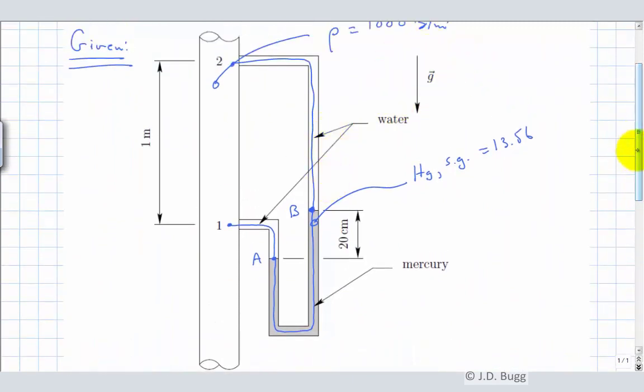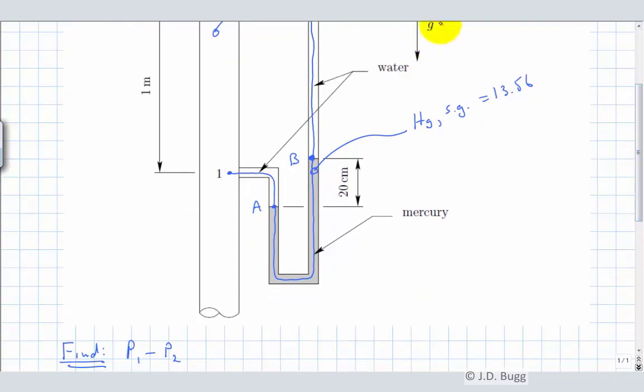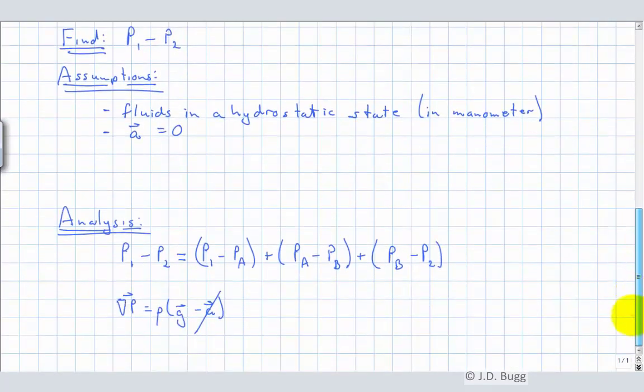And so we need to establish a coordinate system so we can write that vector g in terms of our coordinate system. So as is our usual practice, I'm going to just simply define z as being up. And what that allows me to do down here is say that g is equal to minus gk. So this g is just the magnitude, doesn't have any arrow over top of it, and the direction of this g is minus k.